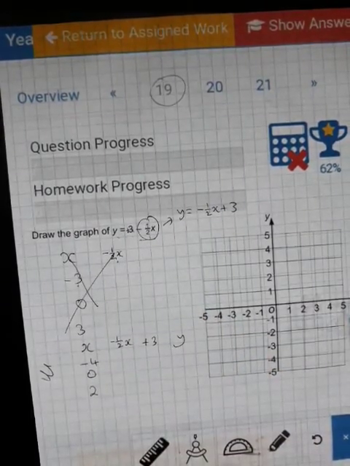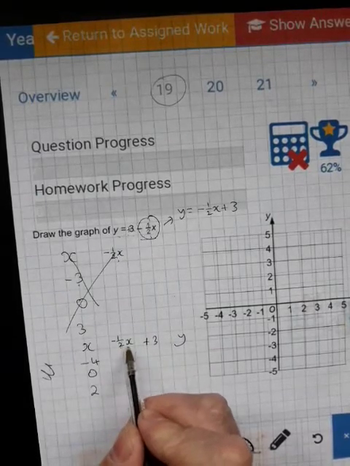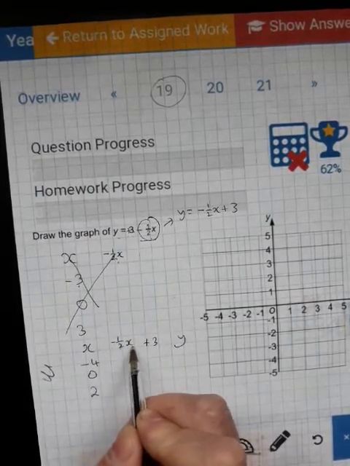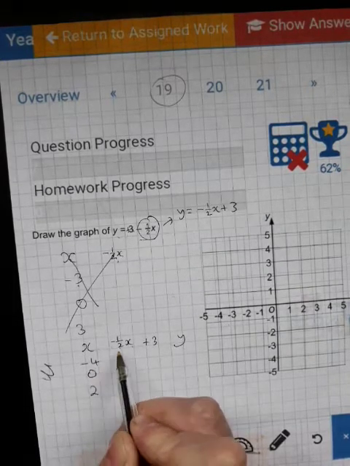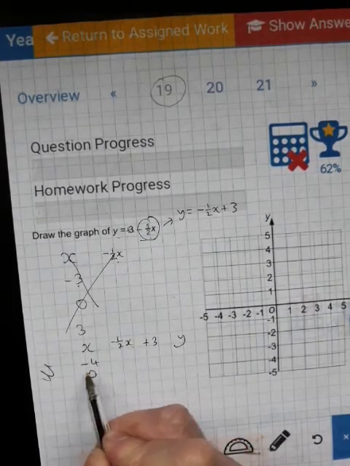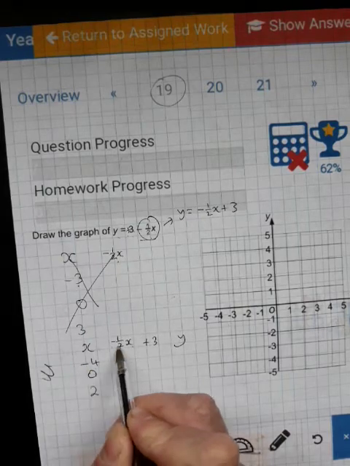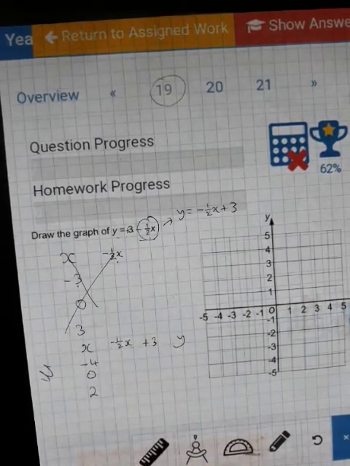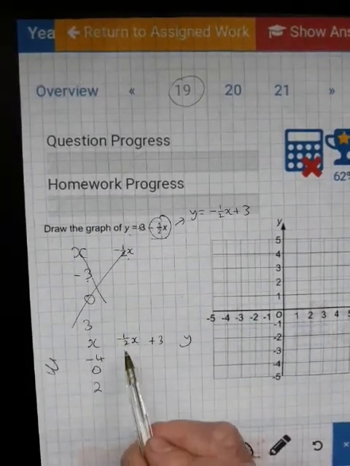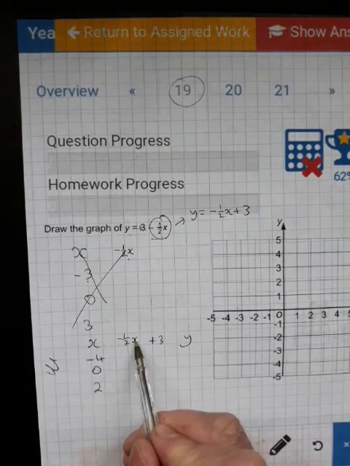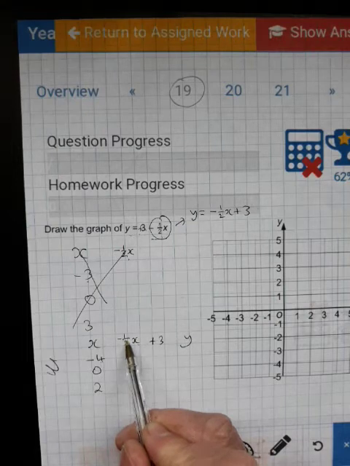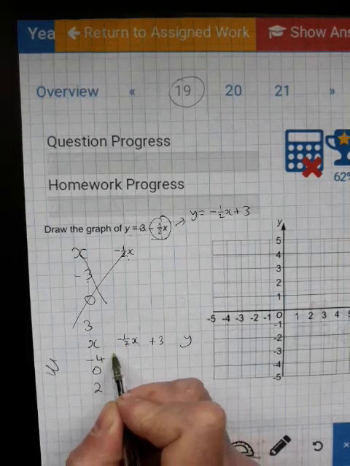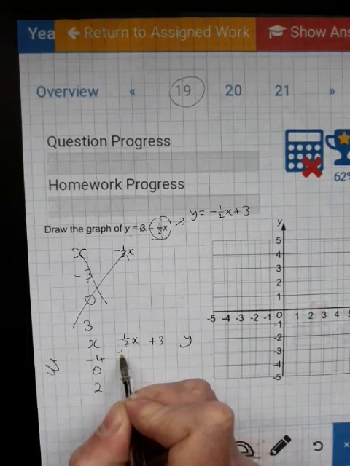Okay, so here we go. It's a negative half times x. Now half of 4 is 2, so half of minus 4 must be negative 2, and it's minus a half times 4. Right, that sounds really complicated, so let's say that again. I want a negative a half times the x value. The x value is negative 4, so I've got negative a half times negative 4.